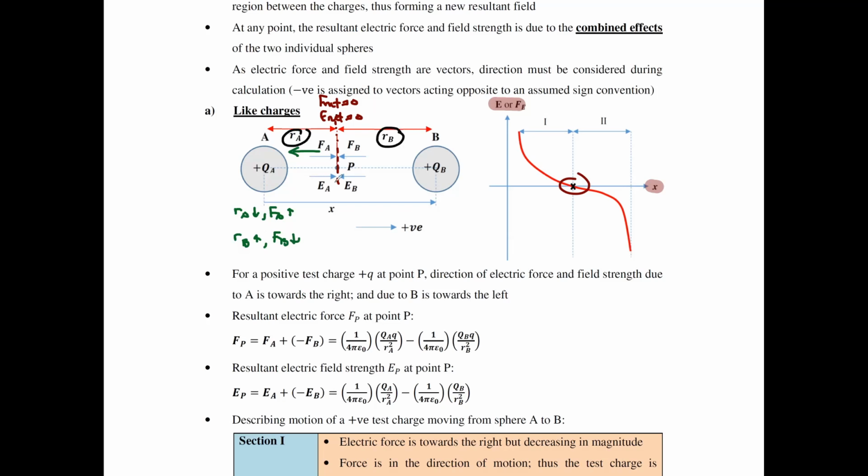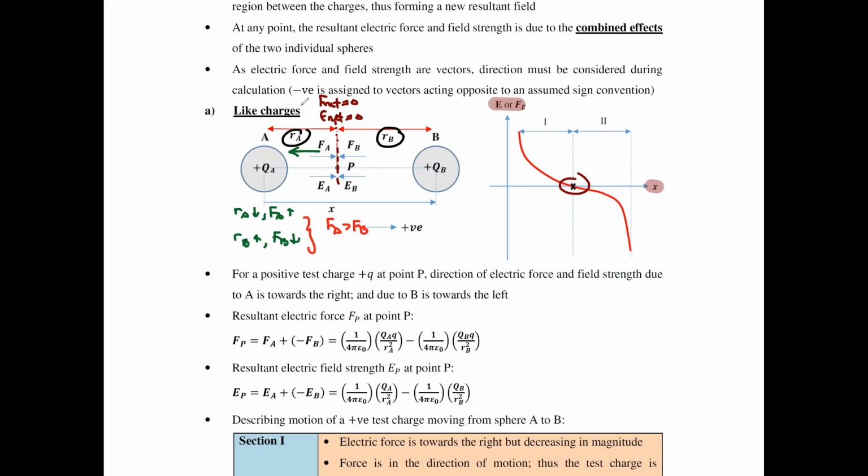Because your RA and RB is defined as the separation between your main charge and the test charge. If you have moved towards the left, this is what you expect to see: your FA starts to increase, your FB starts to decrease. When that happens, FA will be more than your FB.